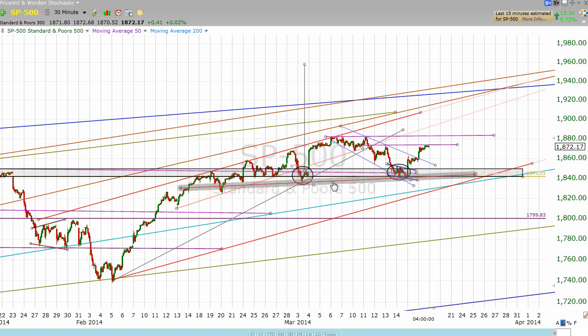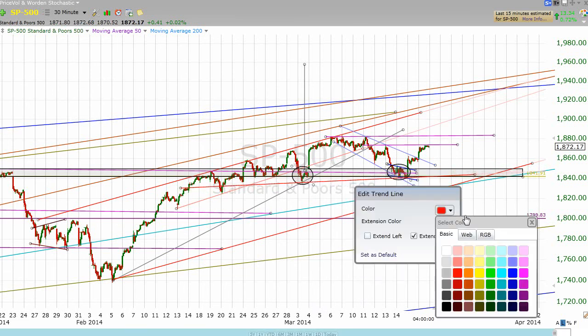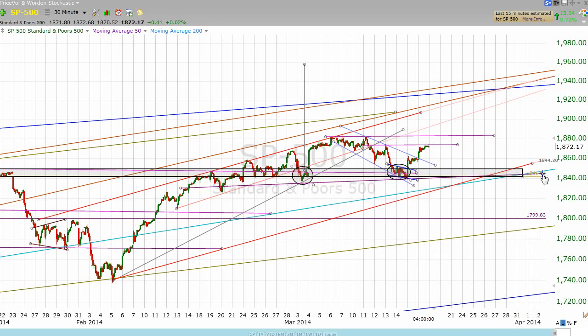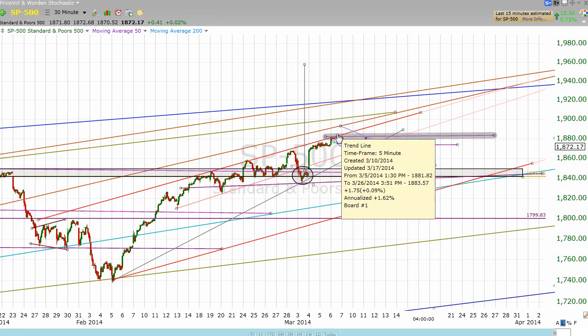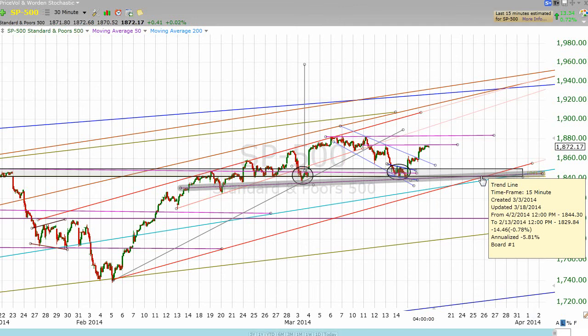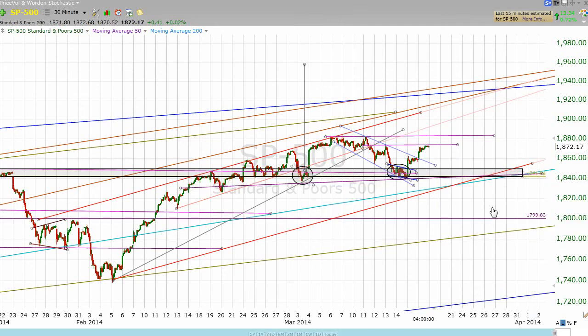And as a matter of fact, I'm going to change its color. Because until we start to get to a new high, there is a possibility that we are seeing a head and shoulders top develop. Okay, I'm not saying it's a likelihood.